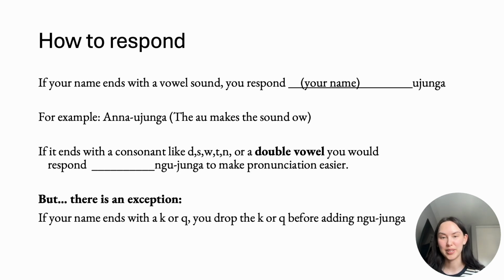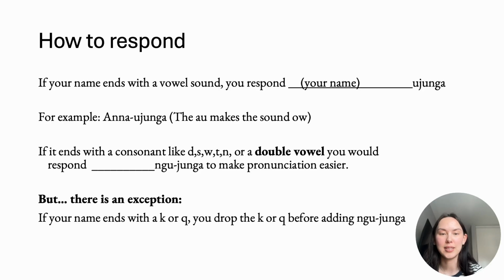So getting into how to respond. If your name ends in a vowel sound, so if we just say JC, C isn't a vowel, but it ends in an E sound. So that's why we add the U yunga. So JC yunga. It has that nice flow, JC yunga.